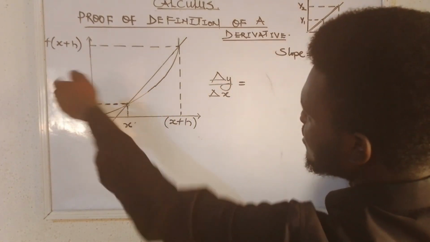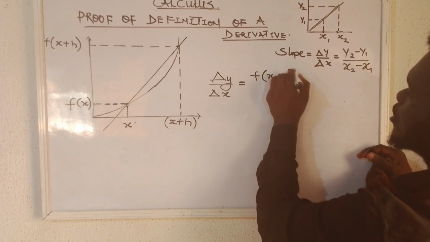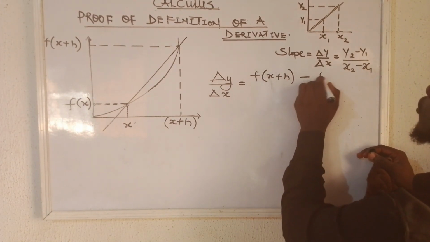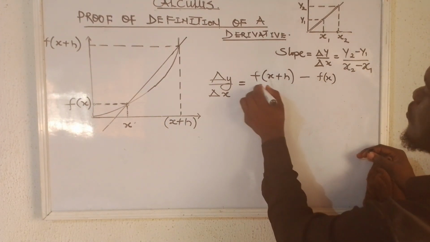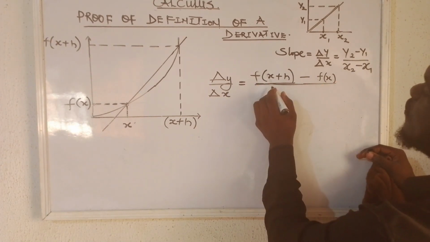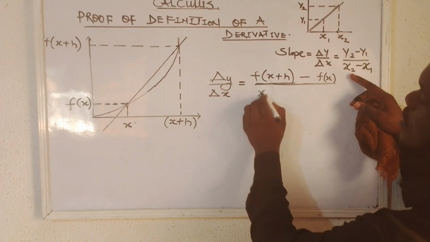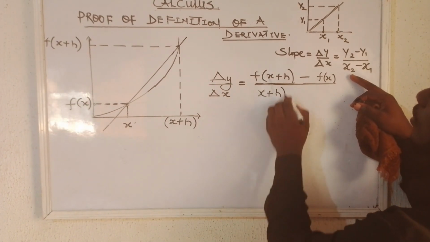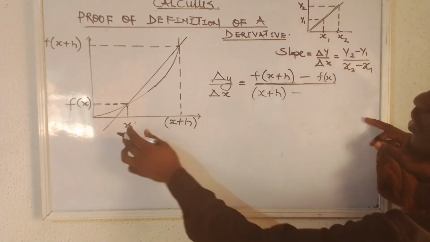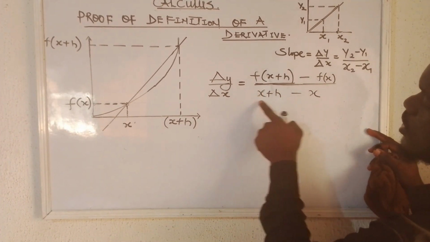But the same thing applies here also. So it's going to be the function of x plus h minus the function of x, all divided by x plus h minus x.